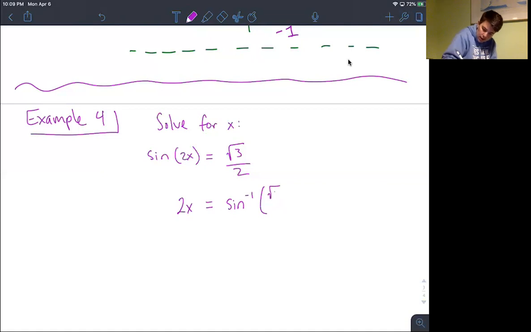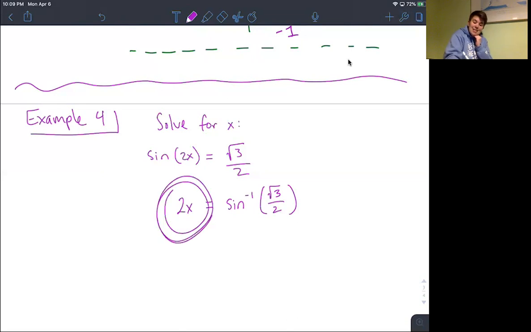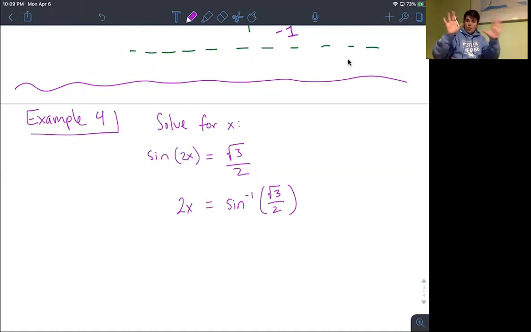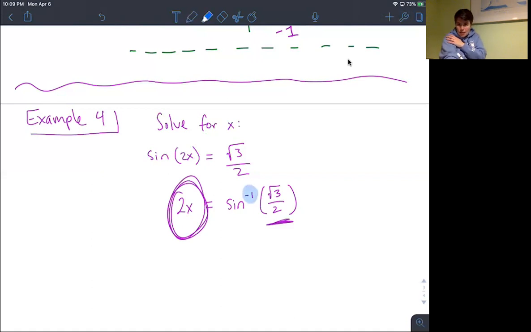What that means is this 2x represents angles where the sine is equal to rad 3 over 2, where x and y have switched. So this represents angles where the sine is equal to rad 3 over 2. That's what that fun little inverse guy means right there, okay?